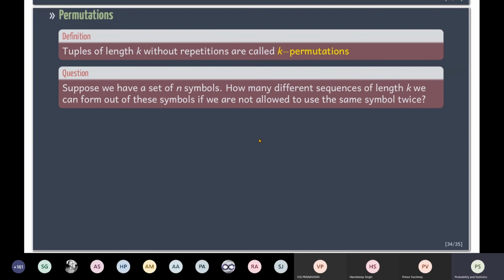Okay, so let us see some examples. Suppose we have a set of n symbols.